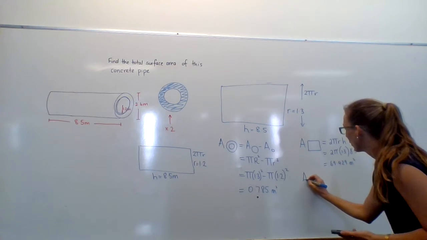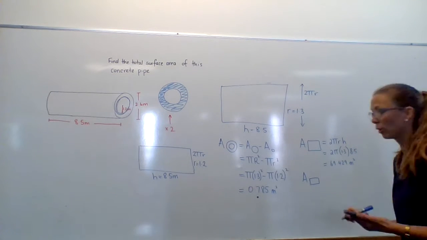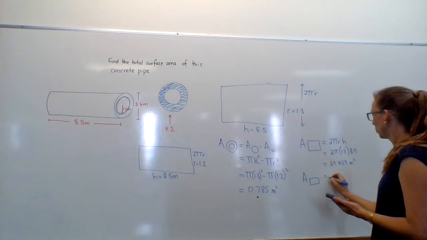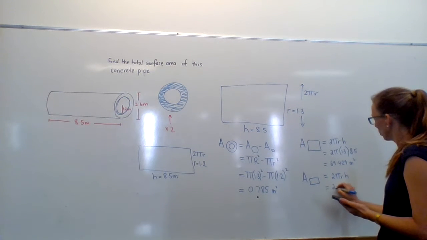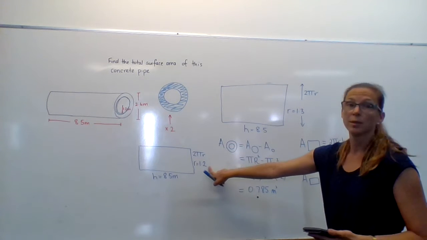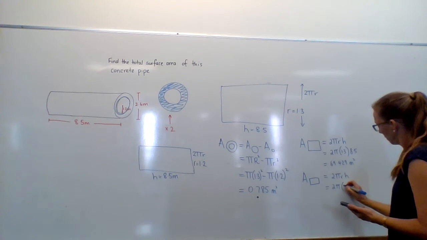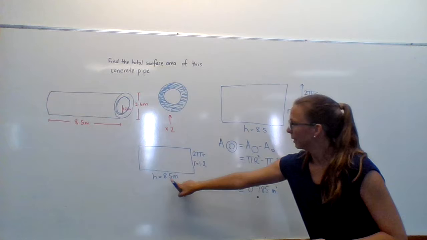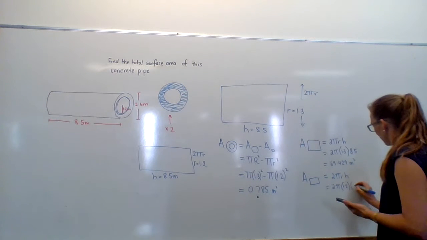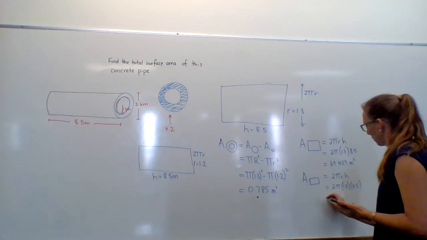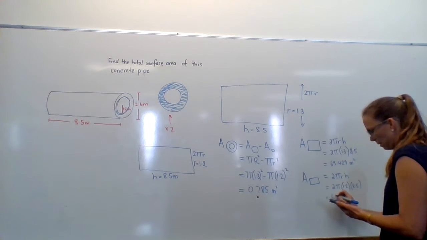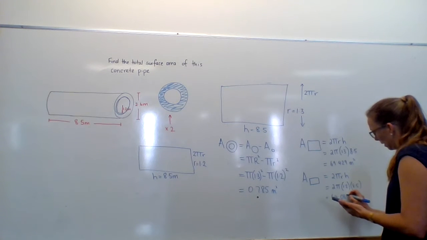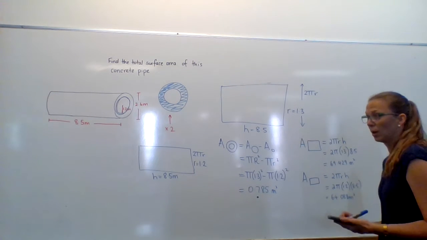And the area of the smaller curved surface is equal to 2 pi r h. 2 times pi, this time my radius is 1.2, my height is 8.5. 2 times pi times 1.2 times 8.5, and we get 64.088 square meters.